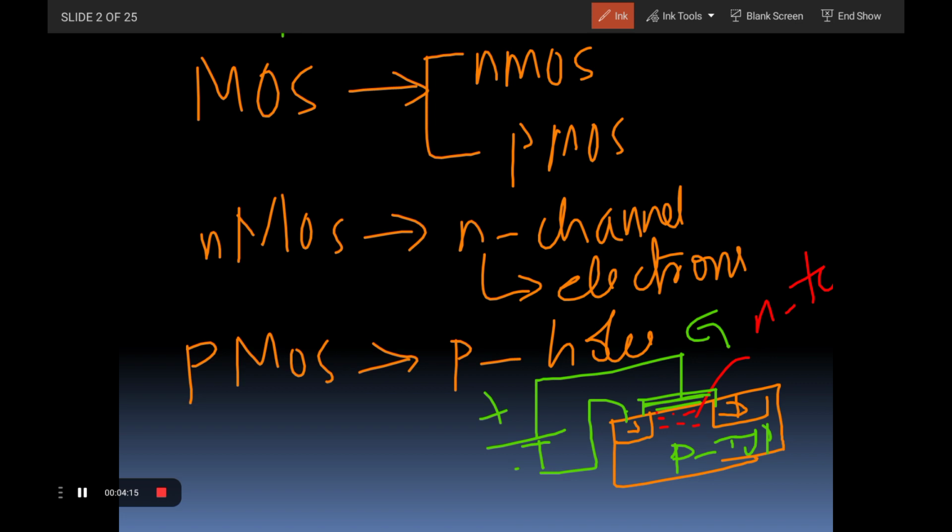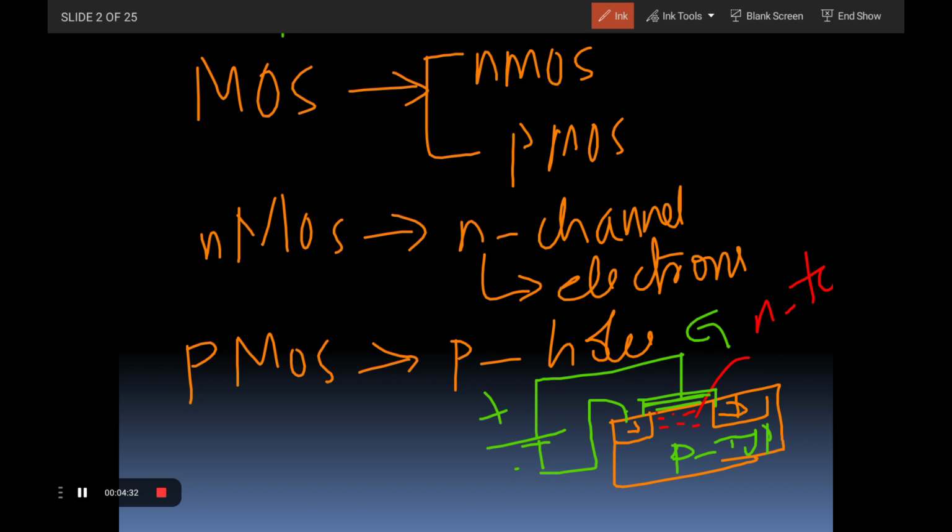Therefore all electrons are accumulated between the source and drain, and it forms a channel. Whenever the channel exists, the electrons move from source to drain or drain to source. That is the basic thing behind this.